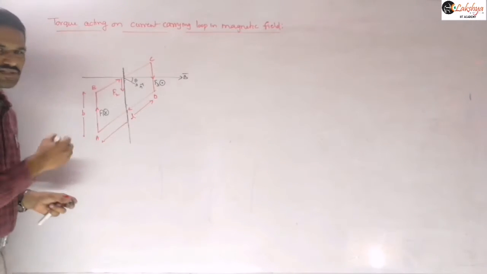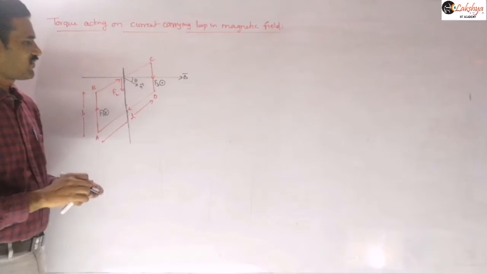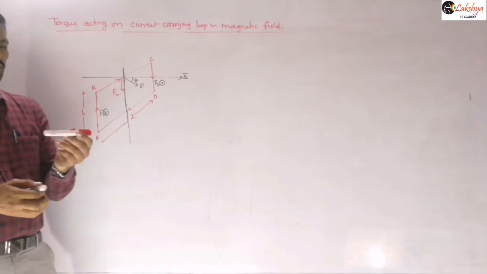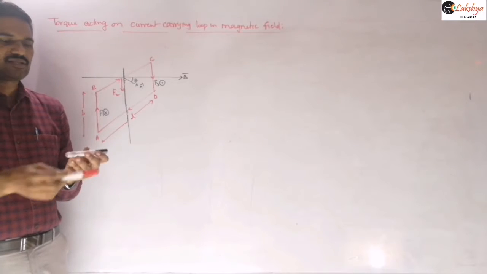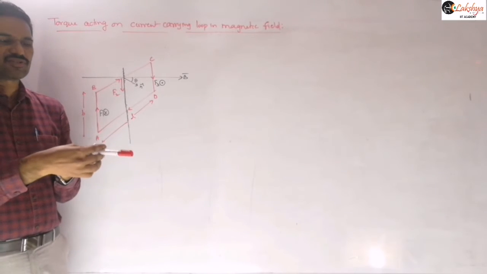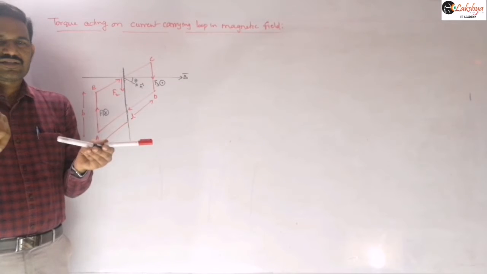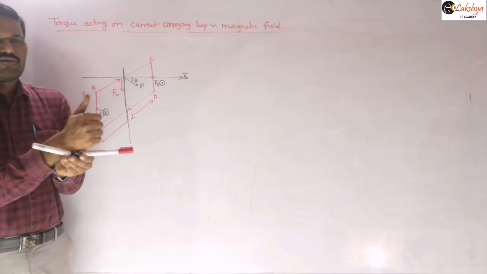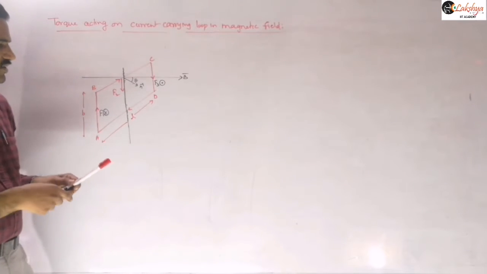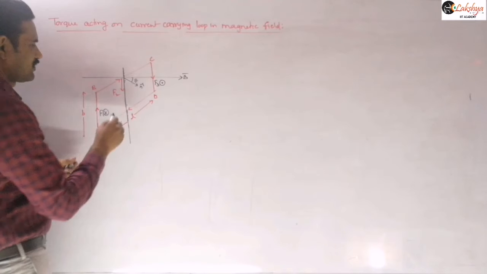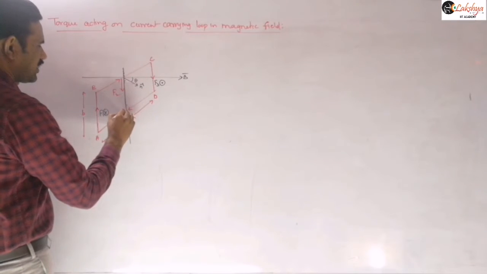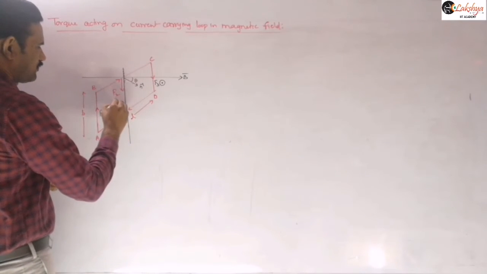Now F4 you can say easily, it will be opposite to that of F2. The current carrying conductor is like this, and the magnetic field is along this direction. So L bar cross B bar gives the upward direction. So the magnetic force F4 will be in the upward direction.